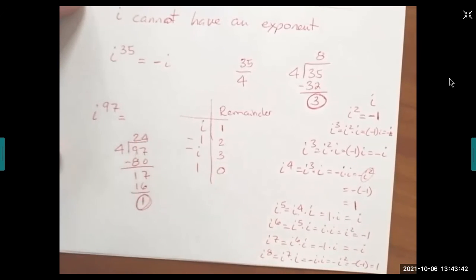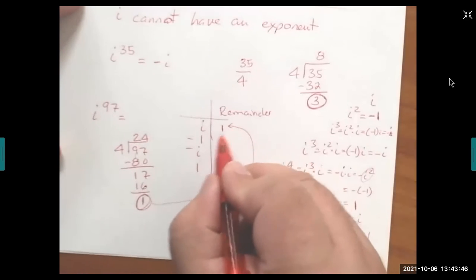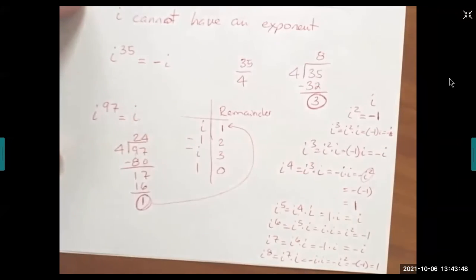And there's your remainder. Our remainder says 1, so our answer is i.